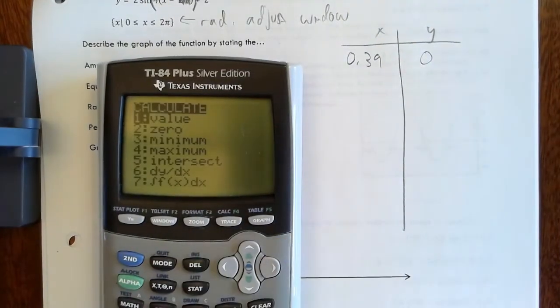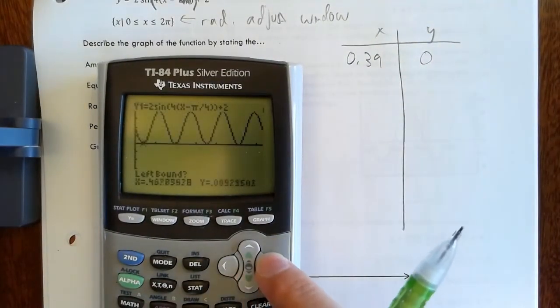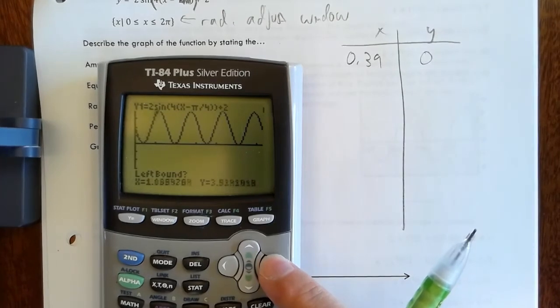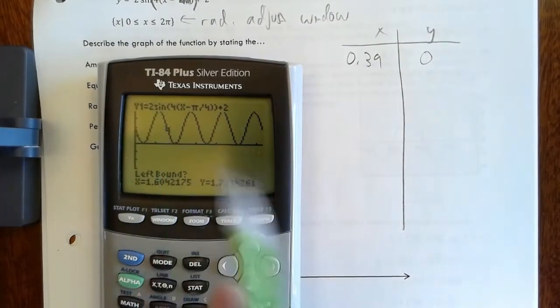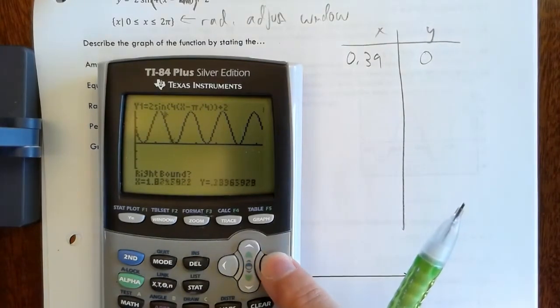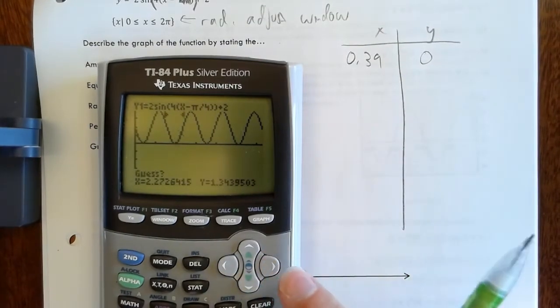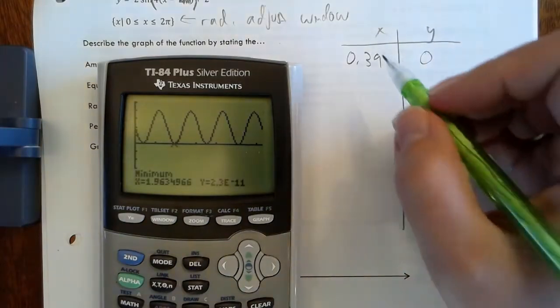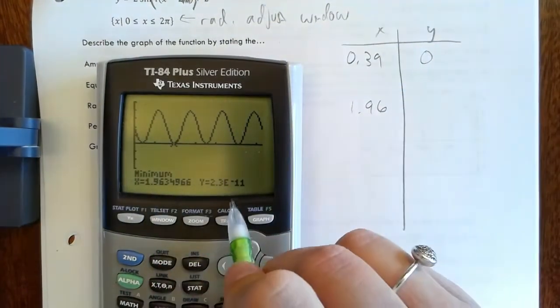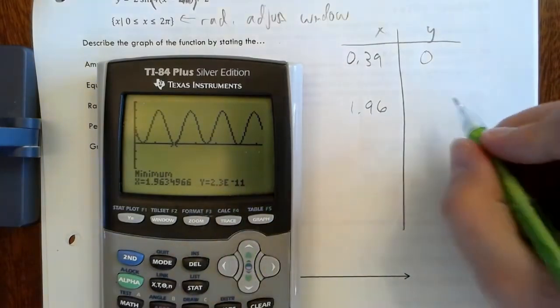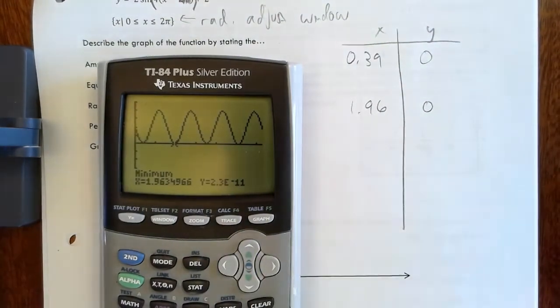Second trace, 3 for minimum again. Now I'm going to move over to the next one. So there's my next minimum. I go to the left of it, hit enter. Move to the right of it, hit enter, enter one more time. X equals 1.96. Y equals a really, really tiny number that would round to 0.